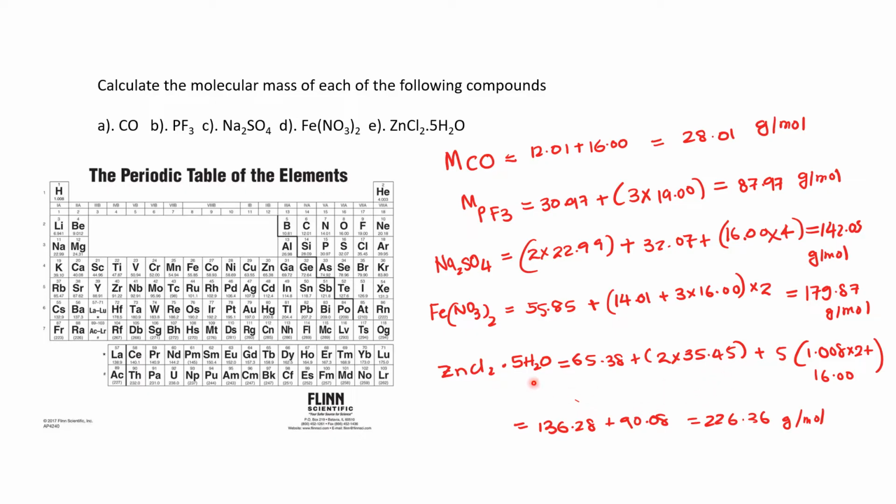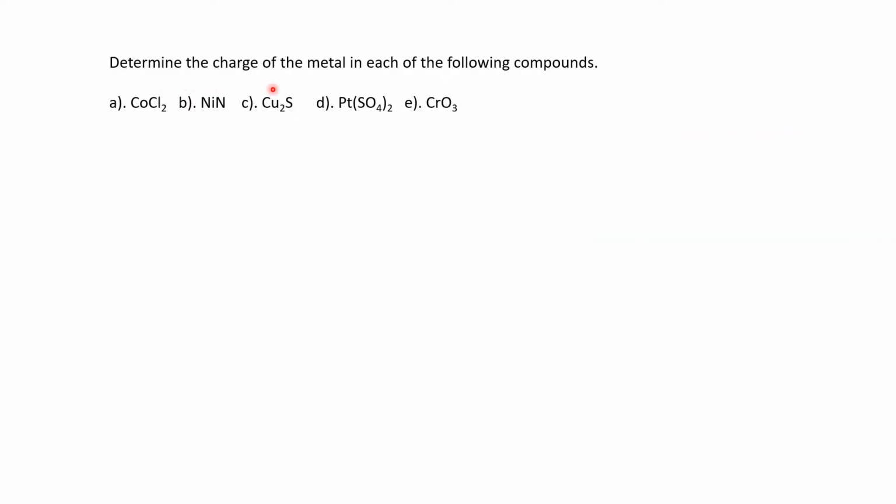And you have 5 water molecules, and you are going to find the mass of water, which is 1.008 times 2 plus 16, and you have 5 of those, so you are going to multiply it by 5. Remember, when you see a dot like this, that means this is a hydrated compound and it is a single compound. So your answer is 226.36.